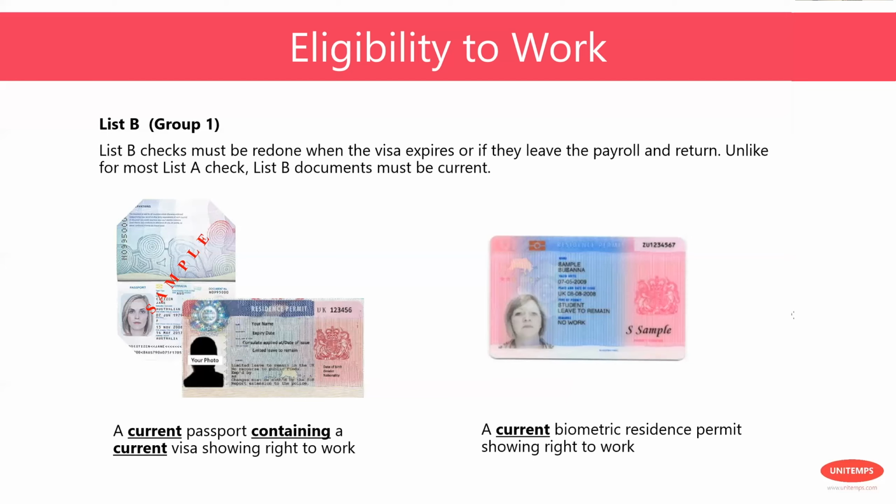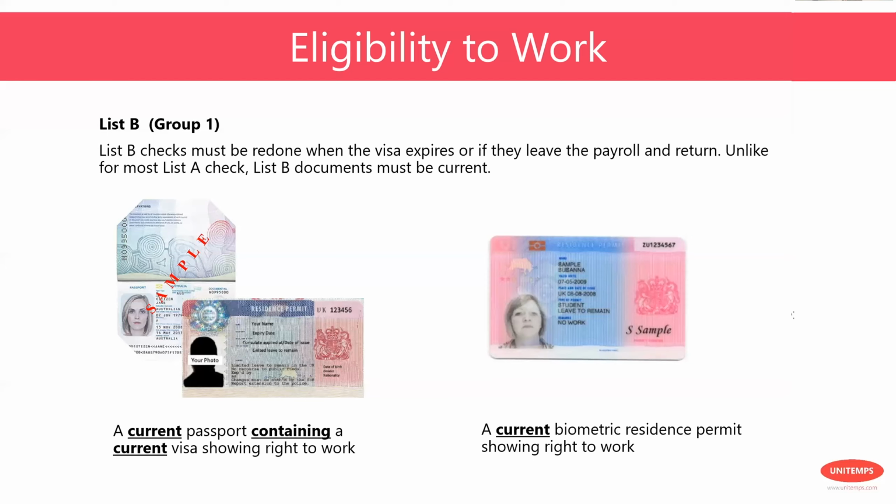The way that the UK government works is that it's not about whether you're convinced that somebody's got a right to work. It's in some ways not even about whether they have a right to work. It's actually just about whether you've seen one of the government listed documents to prove right to work. So I'd always recommend having a copy of the government checklist to hand, because that is the final list.